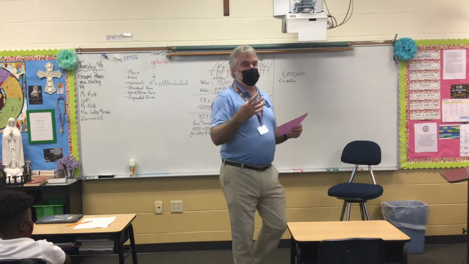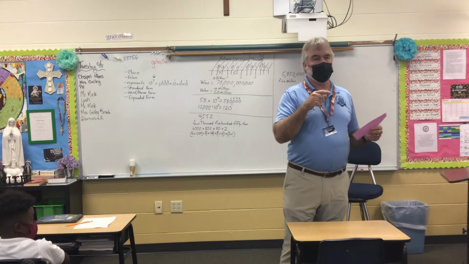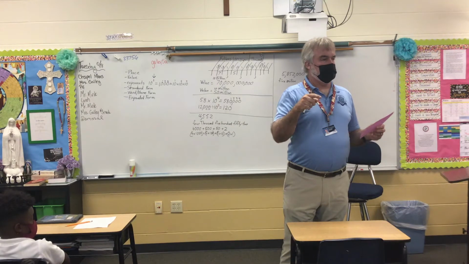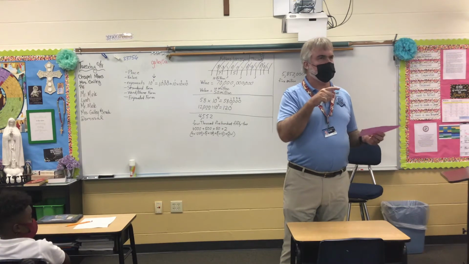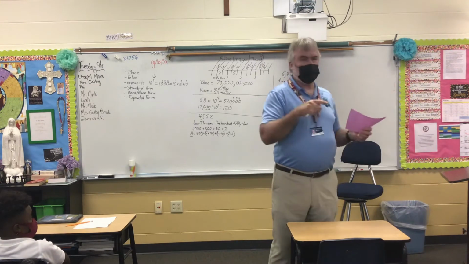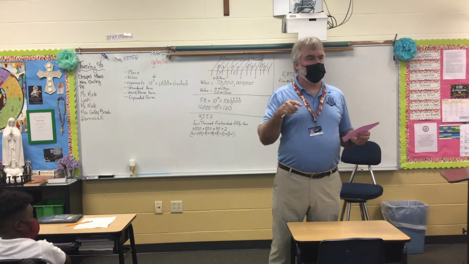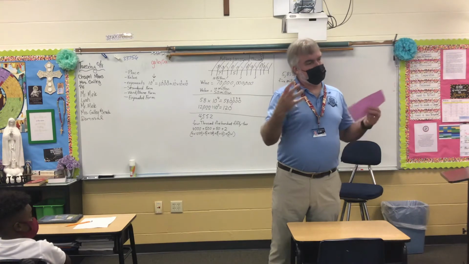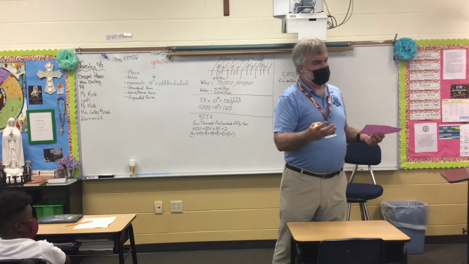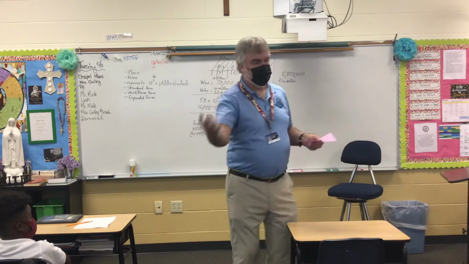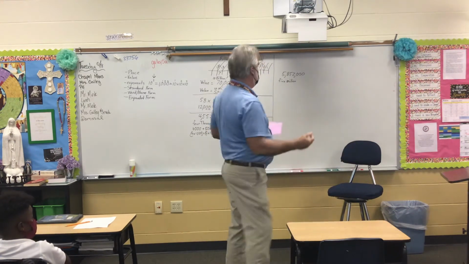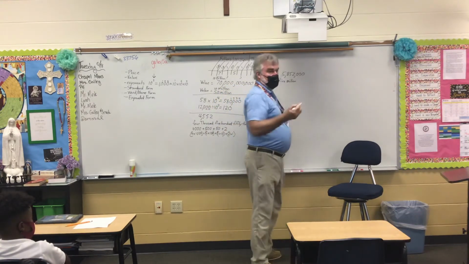Some of you have been writing 800,000, 50,000, 2,000. But that's not the way you say it, is it? You usually say it 852 thousand, okay? So that's the way you write it.